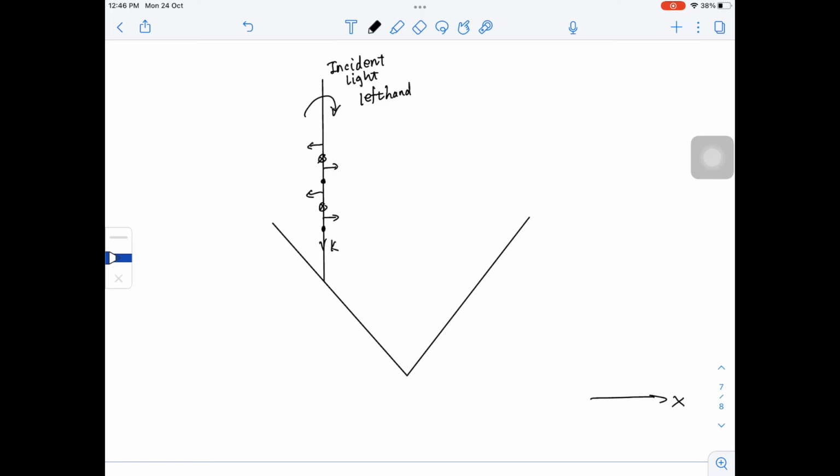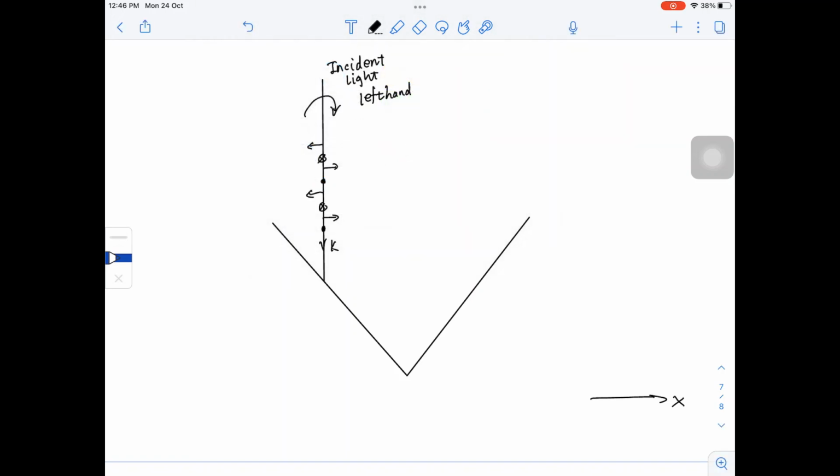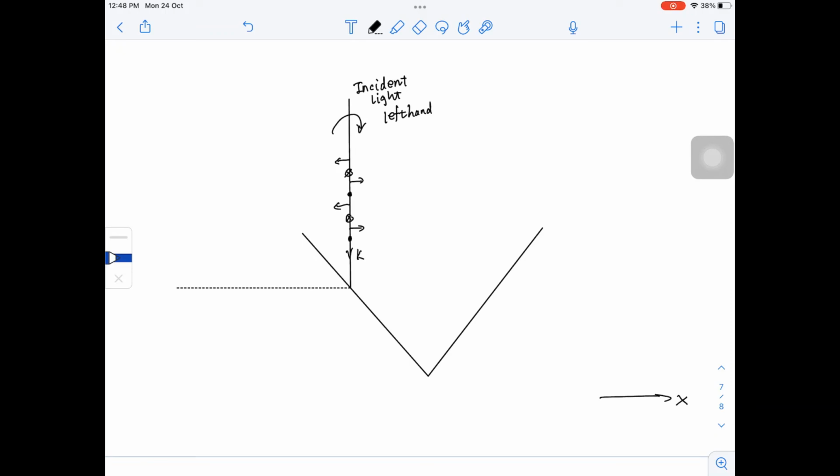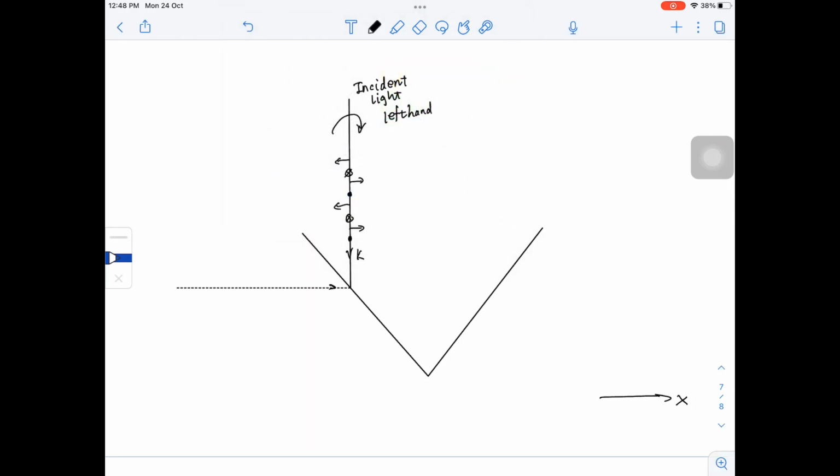Okay, and we all learned the mirror reflection. We can draw some help line. This is 1, 2, 3, 4, 5, 6, 7, 8. Okay. 1, 2.